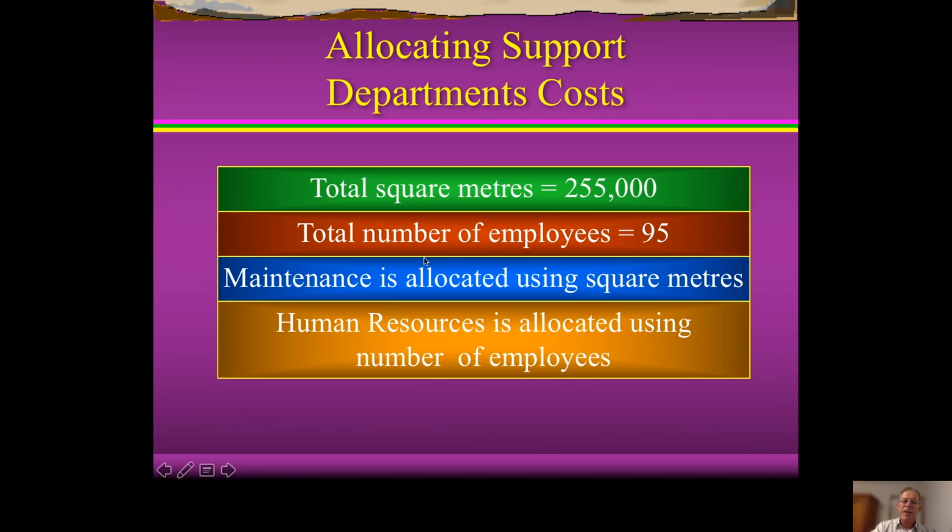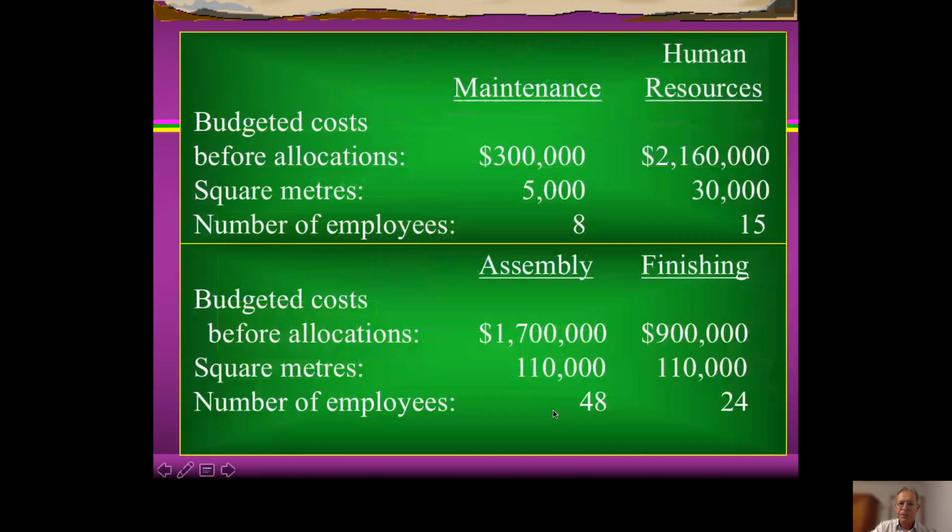There'll be painting and repairing doors and windows and perhaps machinery. The more space you take up, the more maintenance you will need. And the more employees you have, the more human resources you would possibly need. That makes sense, so that'll be a reasonable way of allocating the costs amongst the departments.